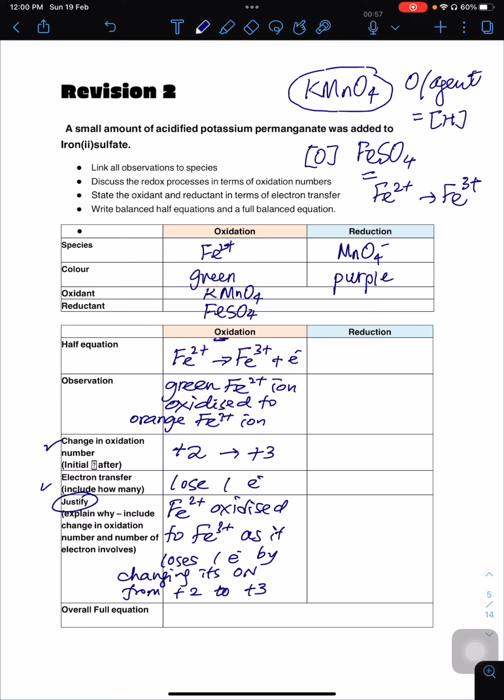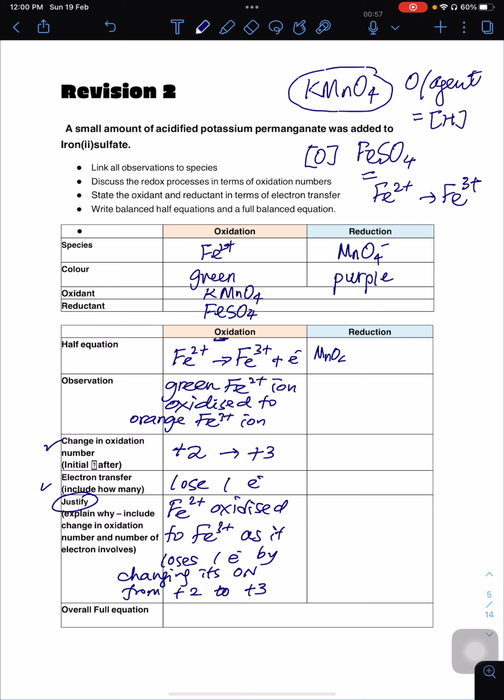Then we move on to permanganate. In the previous lesson, we went through how permanganate +7 is reduced to +2. Do check the previous video for how we can derive this half equation.